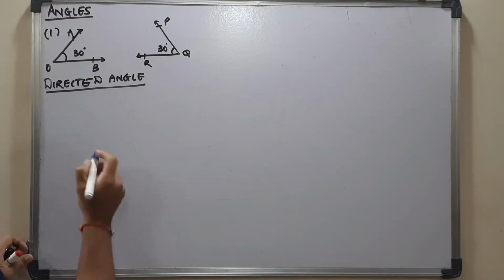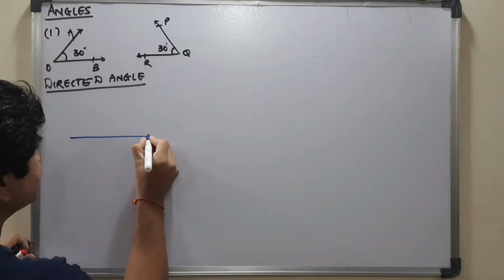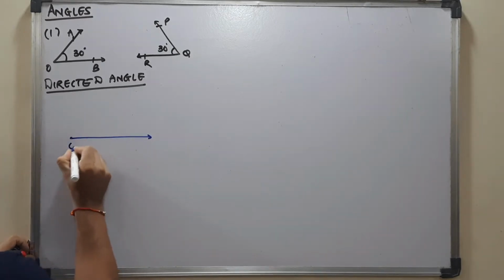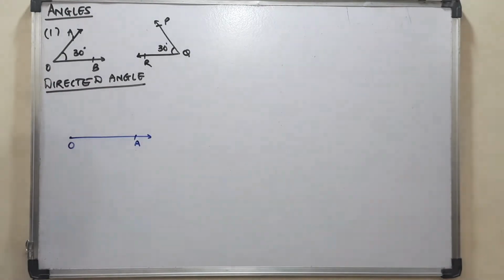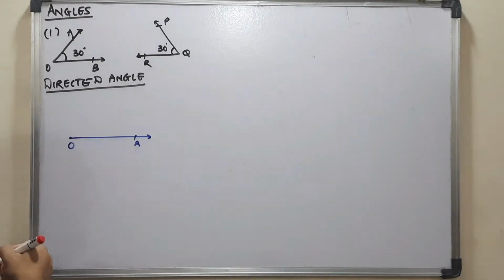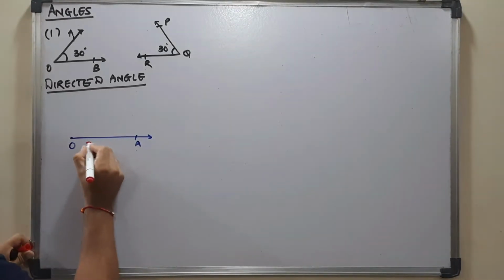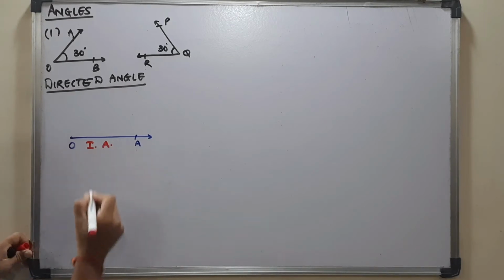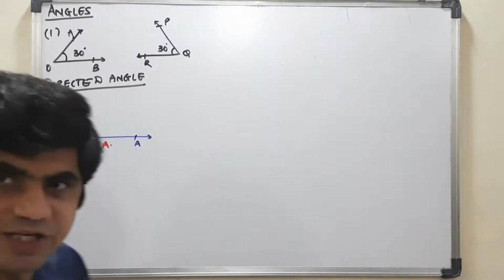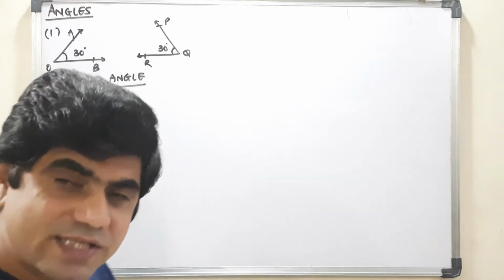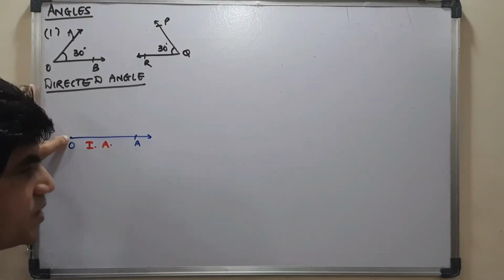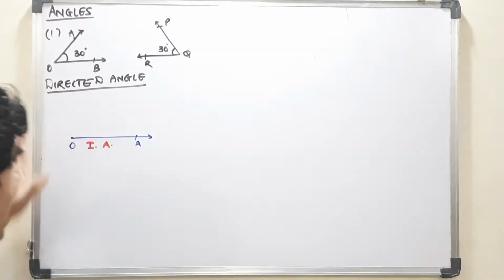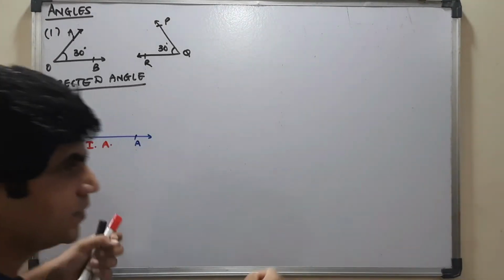Suppose this is any ray. Let me name it OA. This is called the initial arm. Now suppose this is the point which is fixed, and I have a thread.